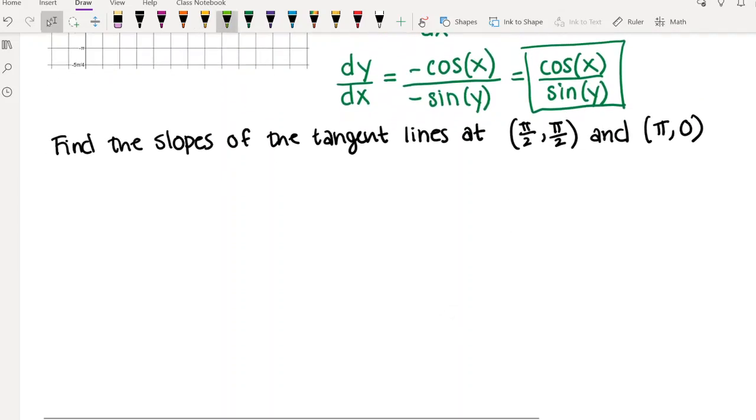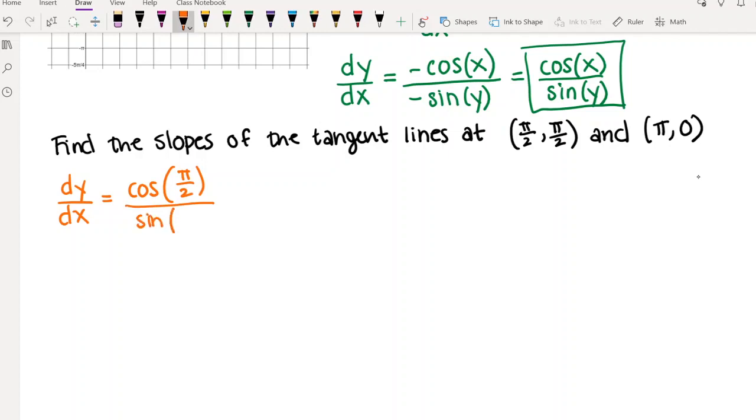So for the first part, if we're trying to find the slope at pi over 2 comma pi over 2, we have dy dx is equal to cosine of pi over 2 divided by sine of pi over 2. So how do you find cosine and sine of pi over 2?